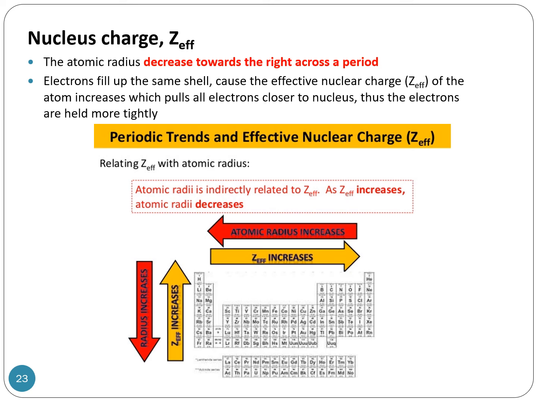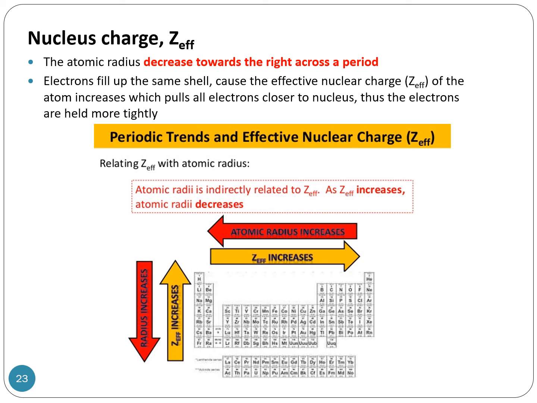So this is the relation between Zeff and atomic radius. Atomic radius is inversely related to the Zeff number. If Zeff increases, atomic radius will decrease. We know that atomic radius increases down the group, so Zeff will be the other way around.